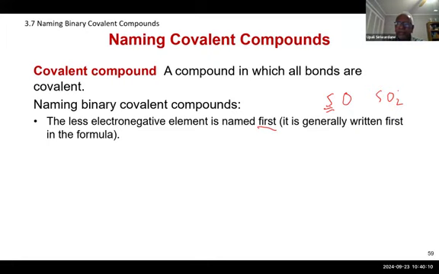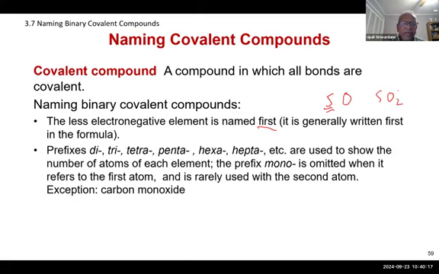The first name is the same as the element. Prefixes are used: di, tri, tetra, penta, hexa, hepta, etc. Mono is omitted.